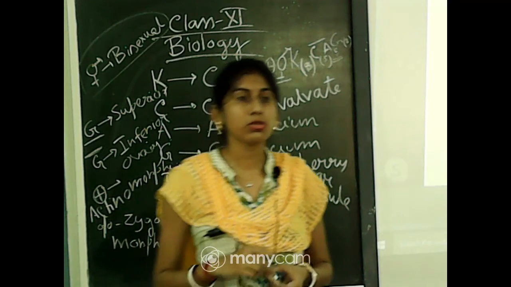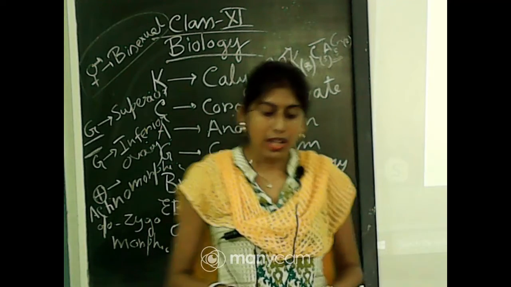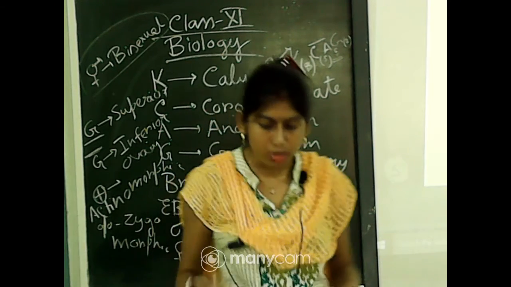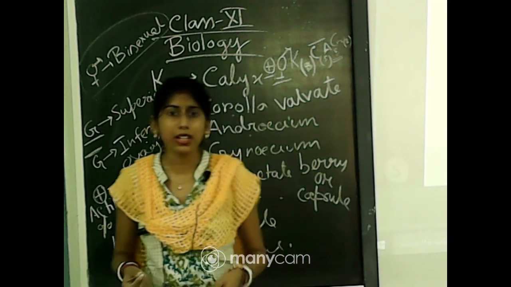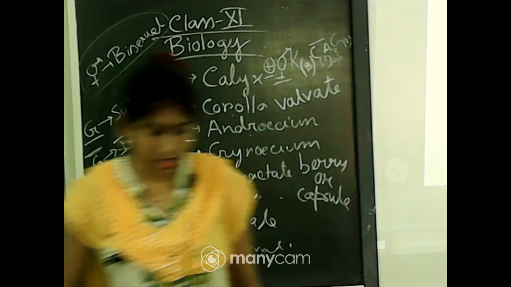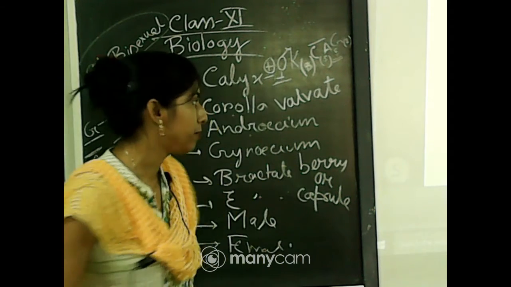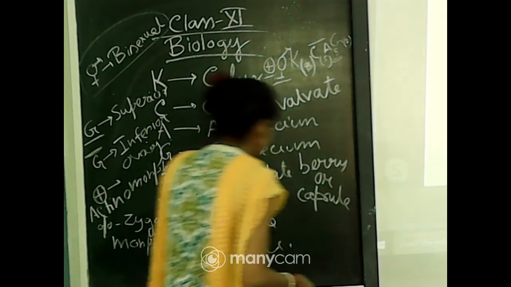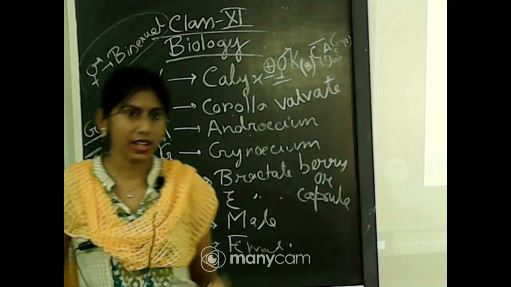It is also used as a spice like chili. Chili is used as a spice. Medicines, some like ashwagandha, are under Solanaceae family and used as medicines, and some ornamental plants like petunia are also under this family. So, they have economic importance in various fields.